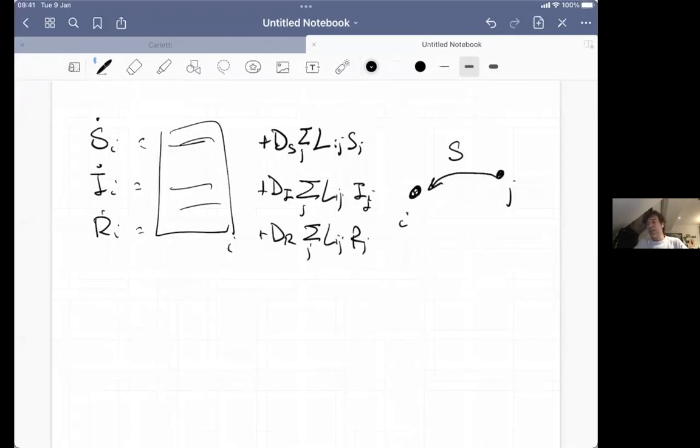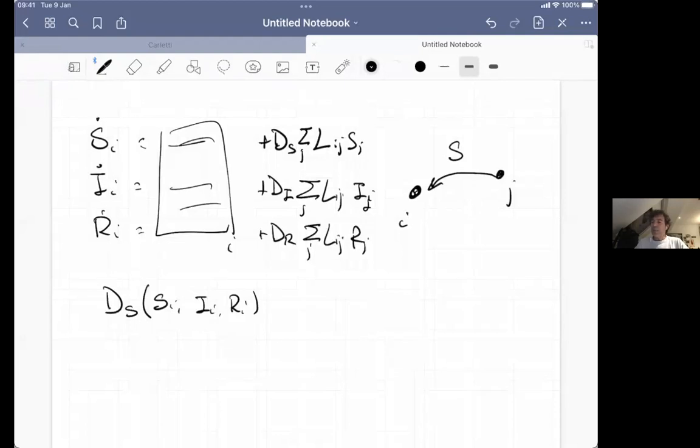I think a better model would be one where these diffusion parameters are not constant, but depend on the state of the node. For instance, D_S depends on S_i, I_i, and R_i.